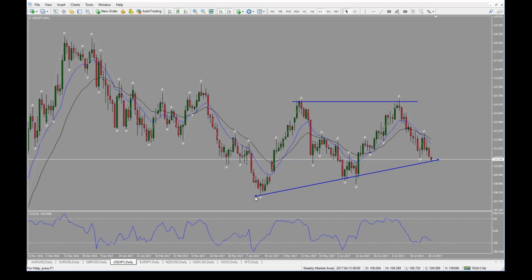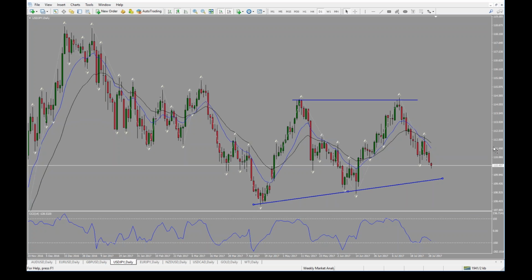Okay, now I can draw it as far as something like this. And we can see that I'm far away from the line and I'm still satisfying this and this. Generally I don't like to draw my lines on the very edges of wicks.